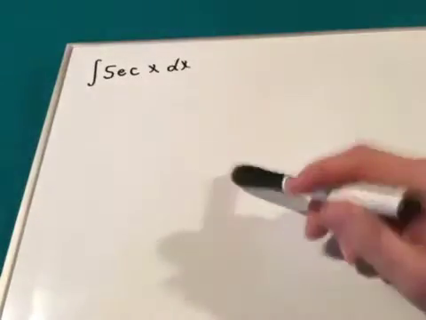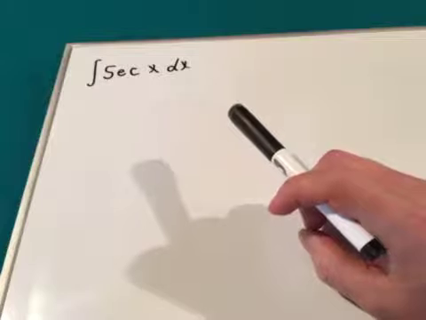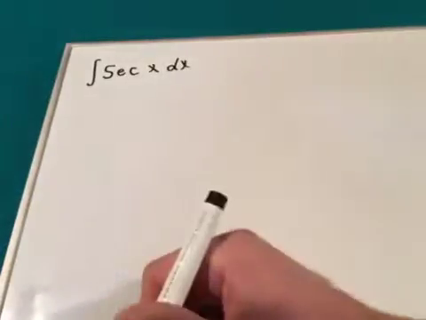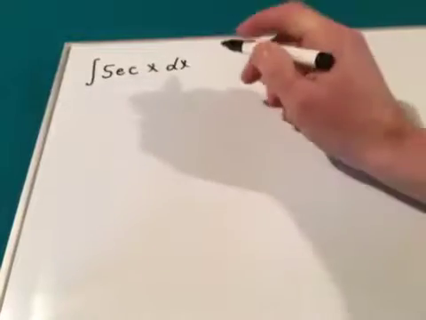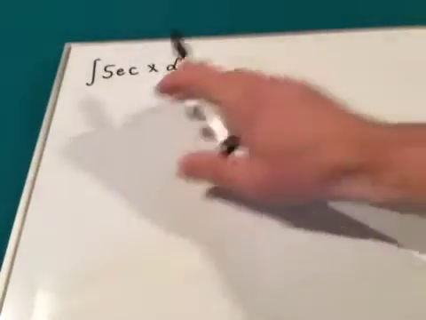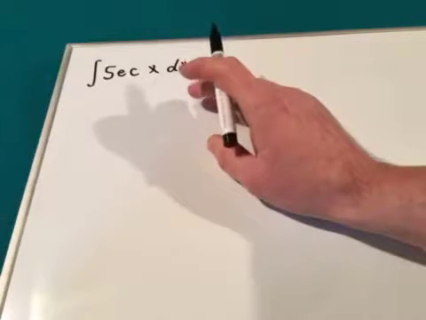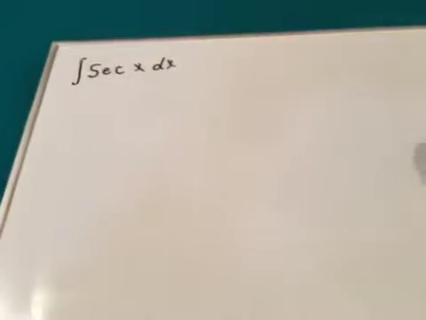Well, I know I could write secant as 1 over cosine. But would that help at all? I'm not sure. But I think a better way to go about this might be to multiply by 1. I mean, if you multiply by 1, you're not going to change anything, right? But we got to do it in a pretty slick, kind of creative way.